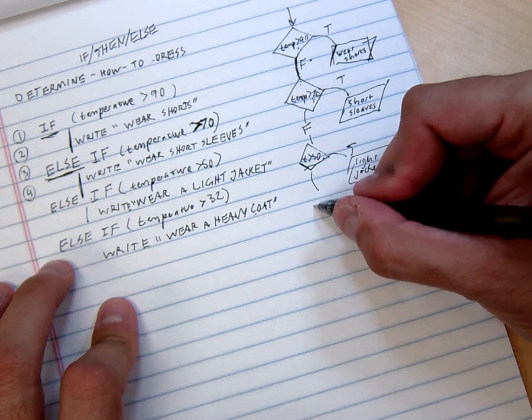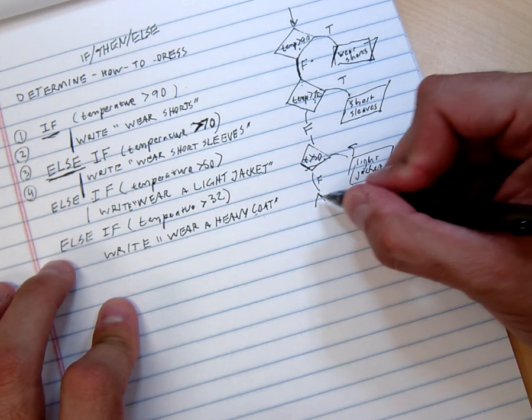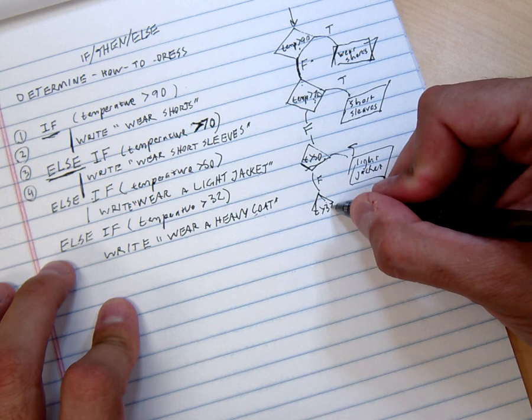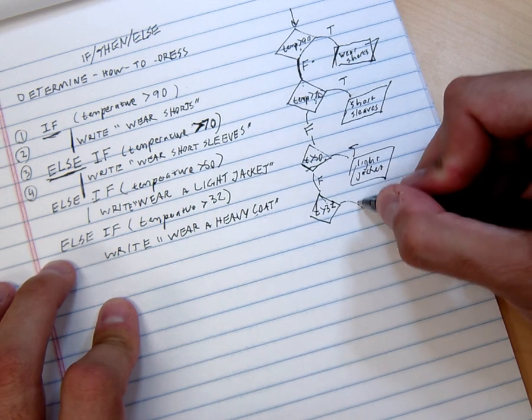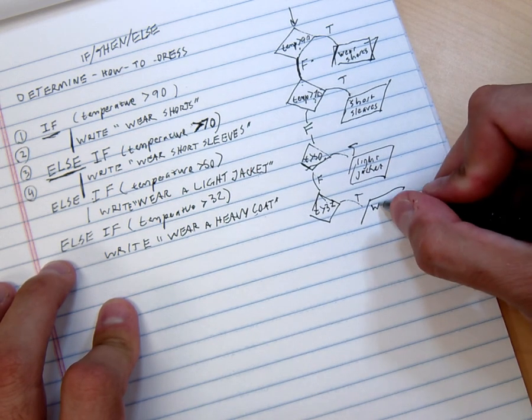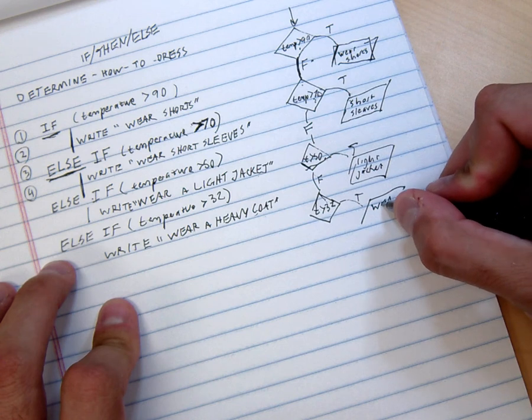So here that corresponds to the false branch, temperature greater than 32. If that's true, wear, I'm just going to write the words heavy coat.